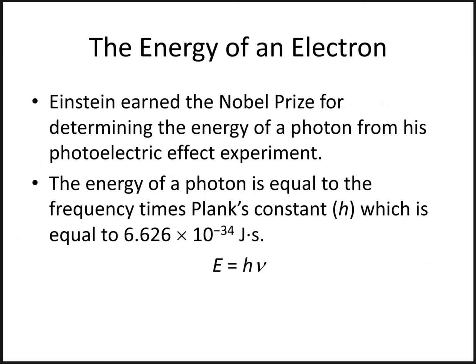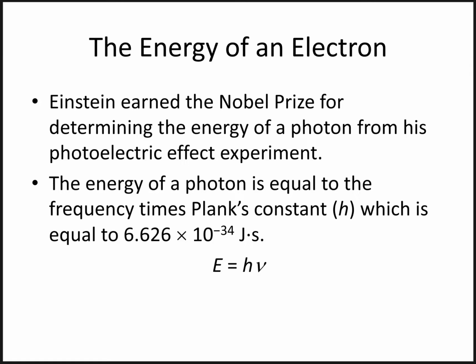And Einstein ended up winning the Nobel Prize for what's known as the photoelectric effect, which basically was a way of determining the amount of energy required to move an electron from one location to another one. And so the energy is equal to something known as Planck's constant times the frequency of the electron.